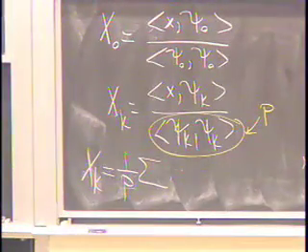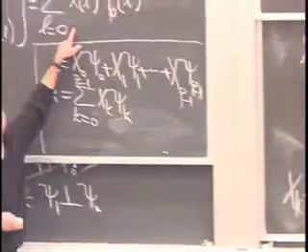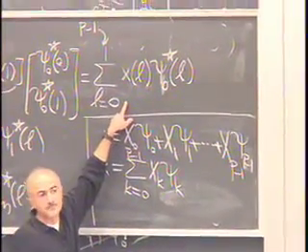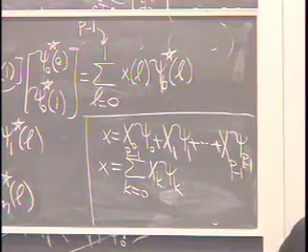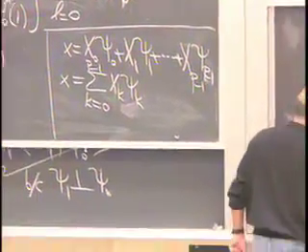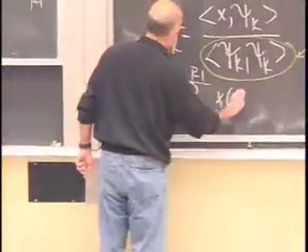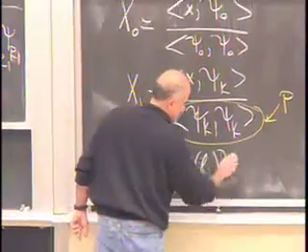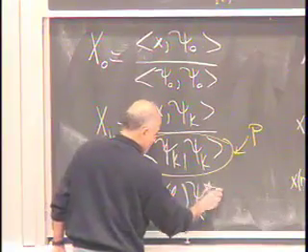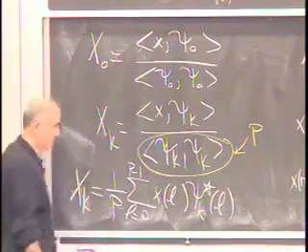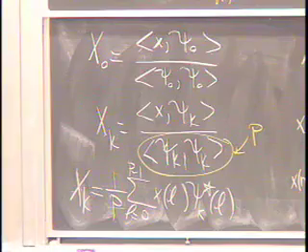And what was that? It's just that sum, l equals 0 to p minus 1, x of l, ck star of l.